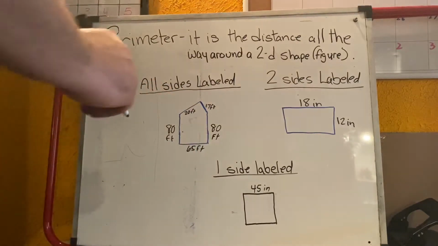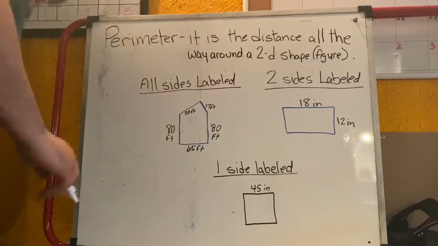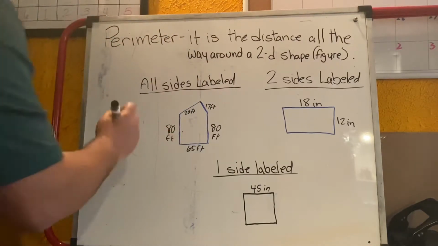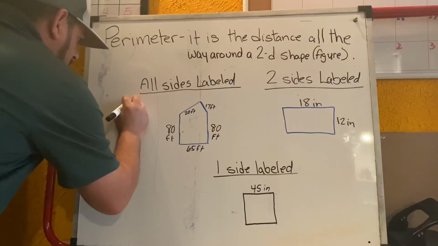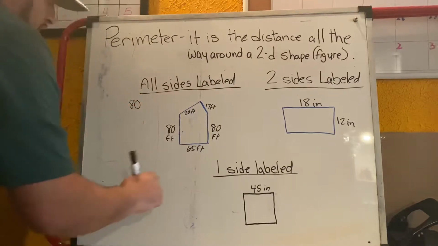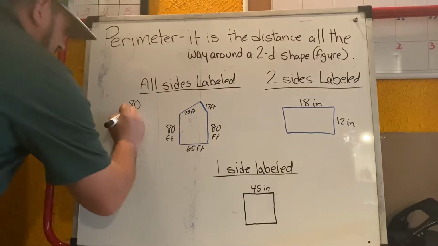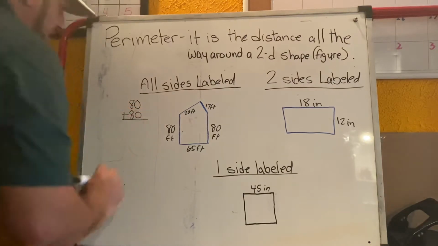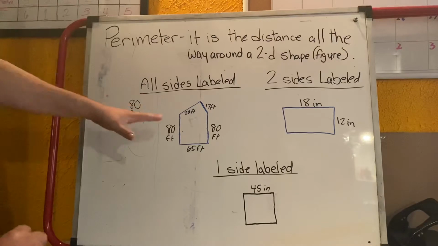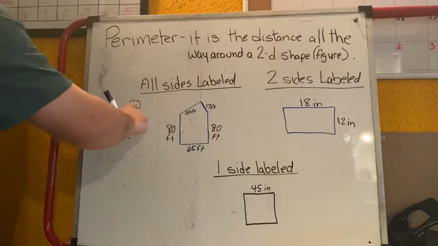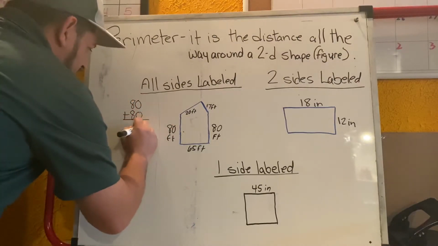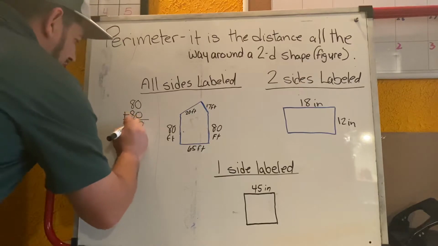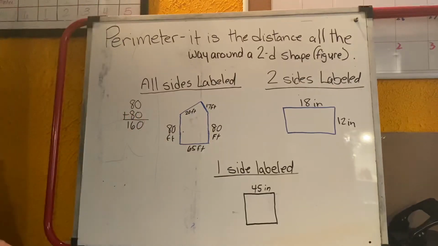Our first side is 80 feet. Our second side is 80 feet. I'm going to add each side one by one. 80 plus 80: 0 plus 0 is 0, 8 plus 8 is 16.